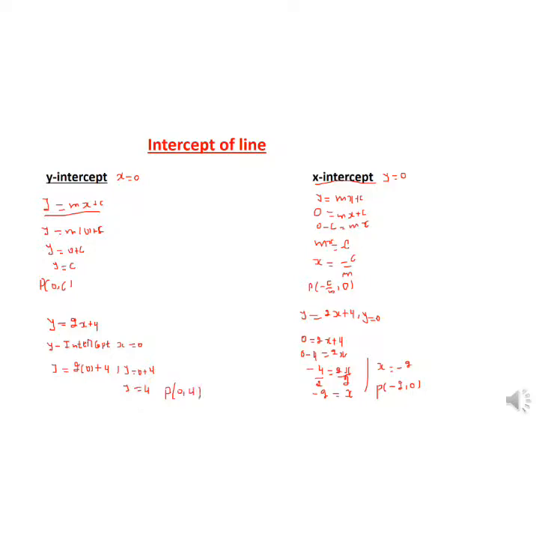So now you can draw a Cartesian plane. Let us draw a Cartesian plane, and now I show you the x-intercept and y-intercept. This is the x-axis, and this is the y-axis.